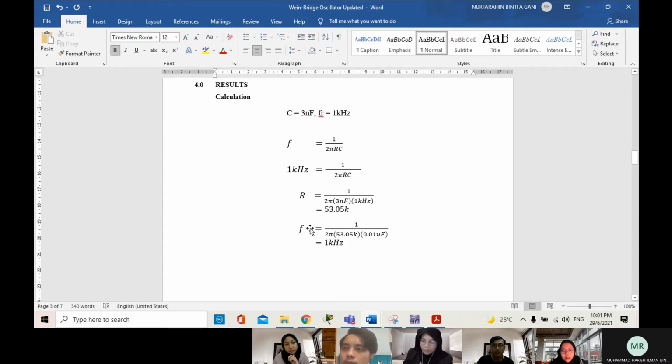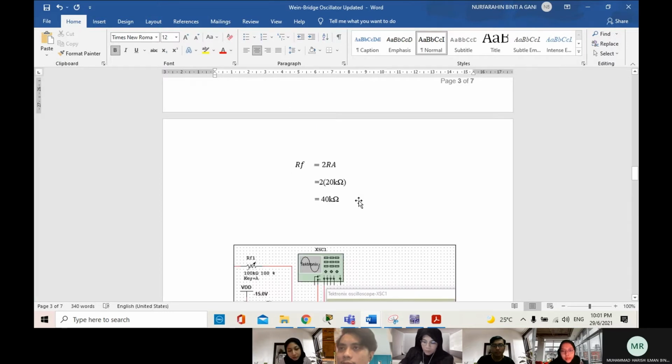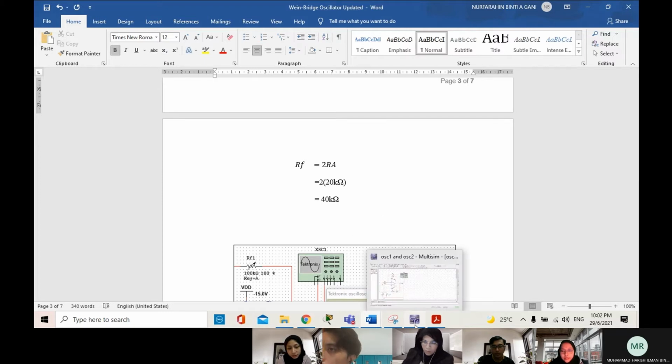Then we apply it to the formula to get the frequency. The feedback resistor is 2 times RA, where we use RA as 20 kilo ohm and we get 40 kilo ohm. The 40 kilo ohm is the ideal resistance that we have to apply on the circuit in Multisim.